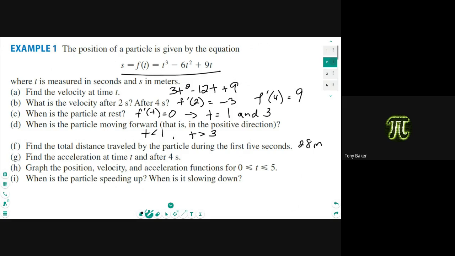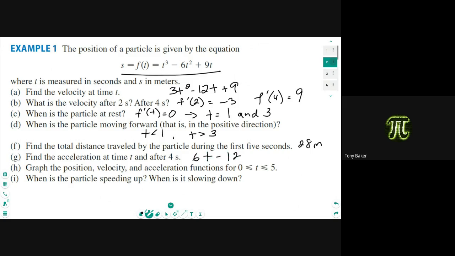All right, find my acceleration. All right, what's the acceleration? 6t minus 12.